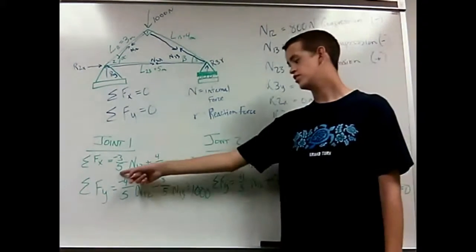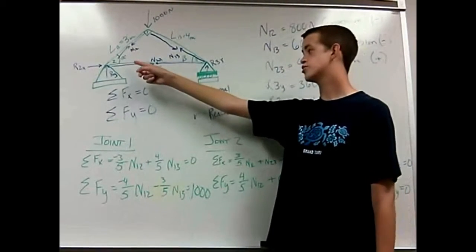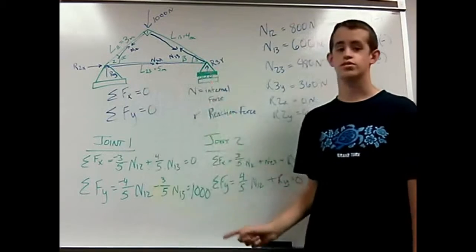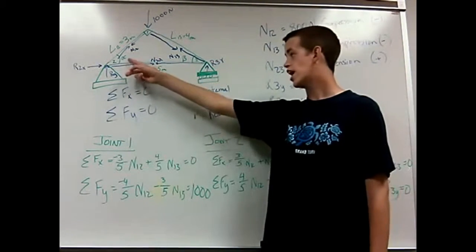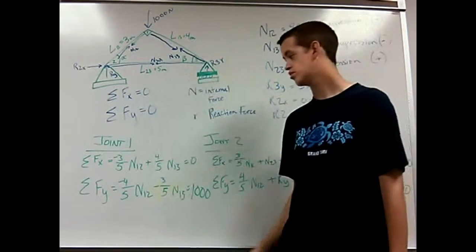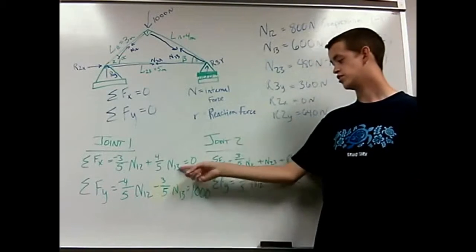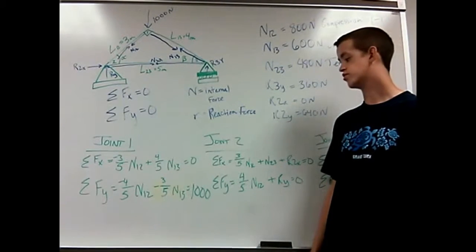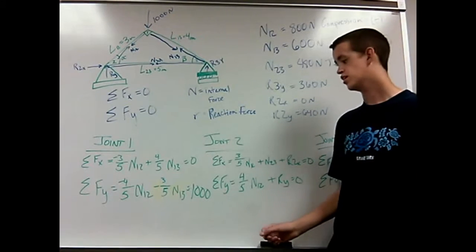We found these two fractions by using basic trigonometry from the angles. So the cosine of alpha is going to be 4/5. That's what we use for the x direction of the internal force between joint 1 and 3.